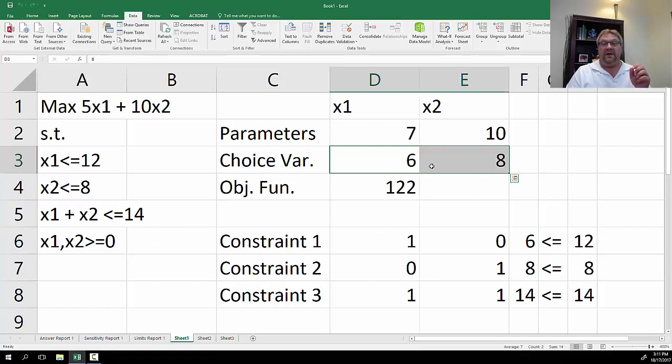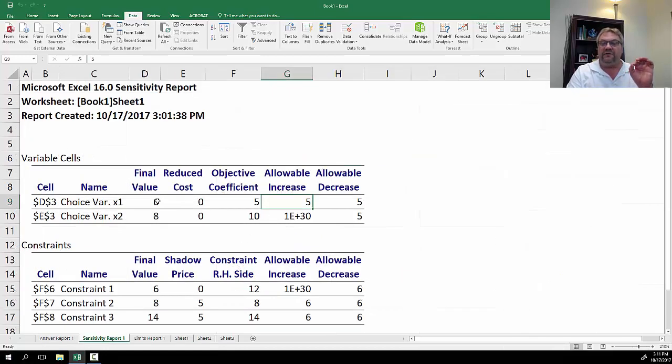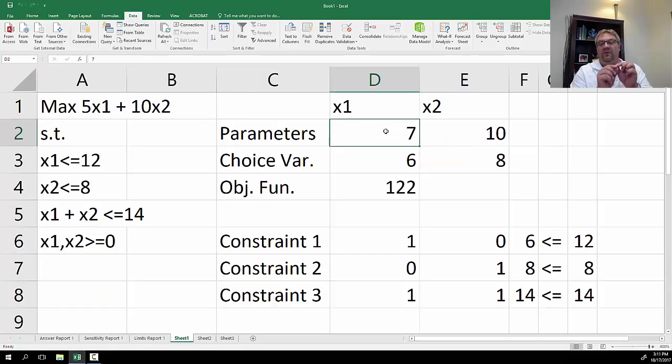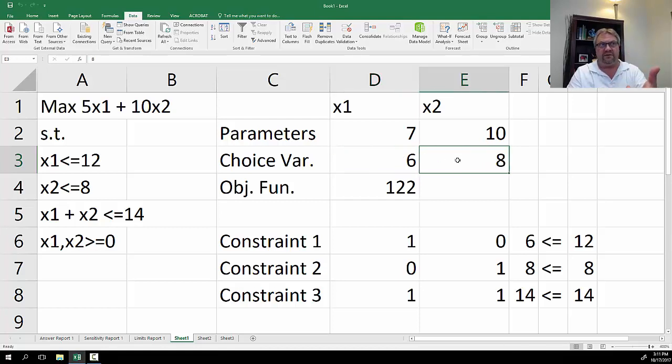Notice that yes, my objective function changed, but this is telling me that I will still produce these amounts, and that's exactly what happened. Even though the profit per unit on good 1 went from $5 to $7, the objective is still maximized by producing 6 units of X1 and 8 units of X2.